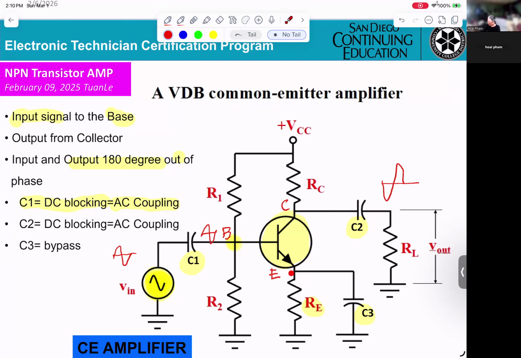And the last one, C3. C3 has the name bypass capacitor. C3, bypass. What does that mean? That means at the emitter, you get the DC voltage. Okay?